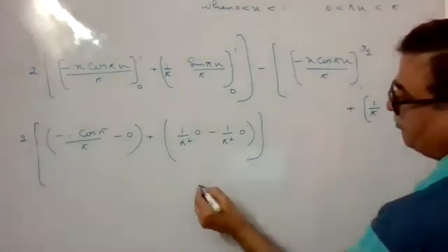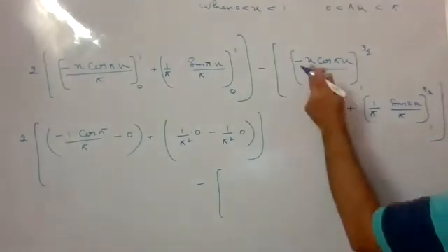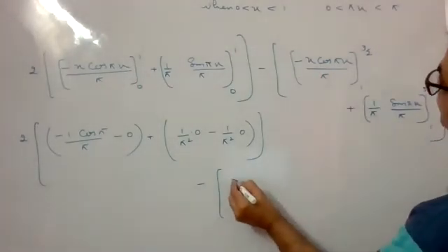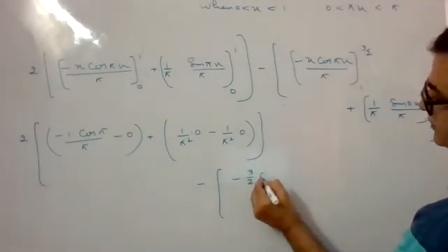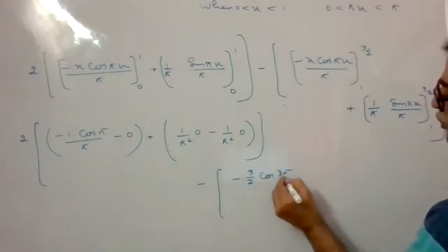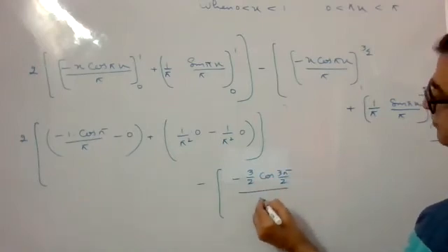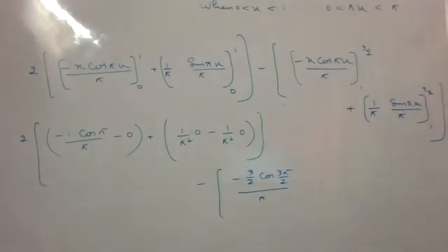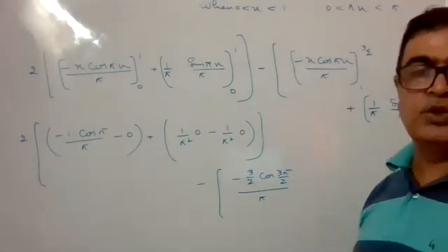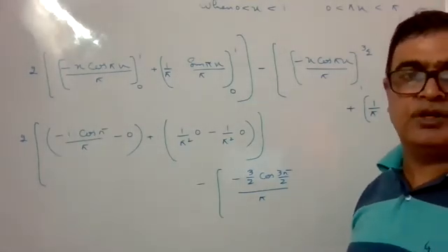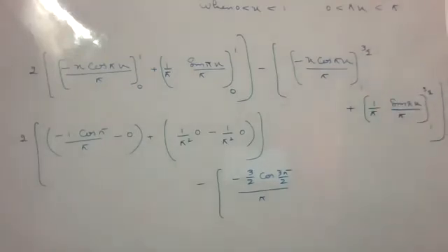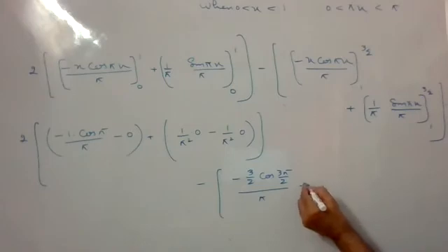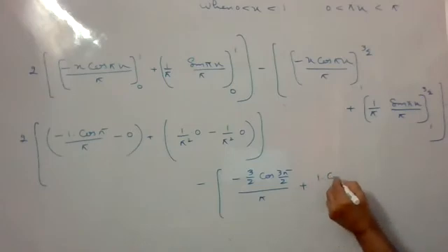सेम वे वी गो हियर, minus this will come minus of 3 by 2 cos 3 pi by 2 divided by pi. cos 3 pi by 2 एक्चुअली 0 होता है क्योंकि cos 90 की फॉर्म में कन्वर्ट होगा, that will come out to be 0. फिर हम सेकेंड लिमिट डालेंगे तो यहां प्लस आ जाएगा 1 into cos of pi by pi.